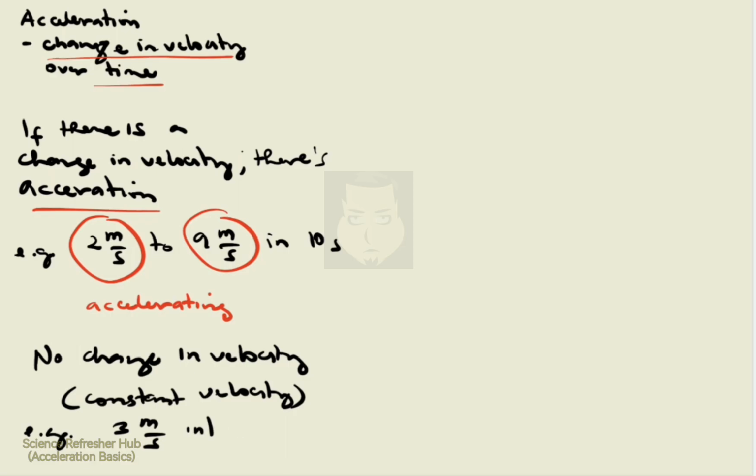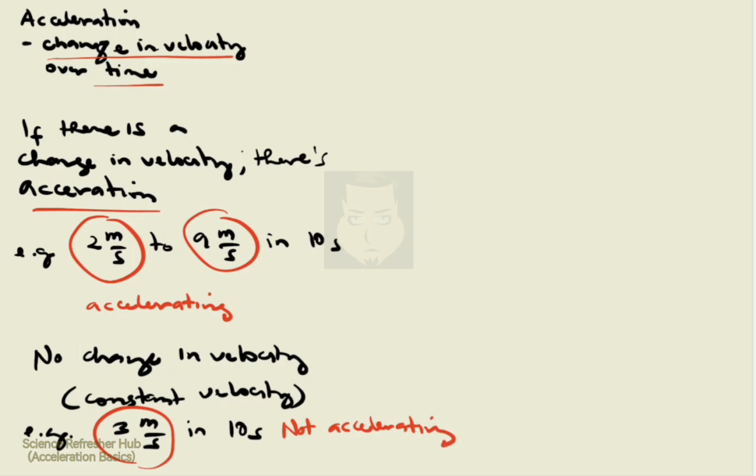Okay, 3 meter per second in 10 seconds. So you can see it's not changing. It's still 3 meter per second until it hits 10 seconds. So in this case, the object is not accelerating.